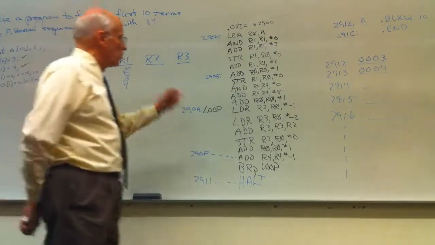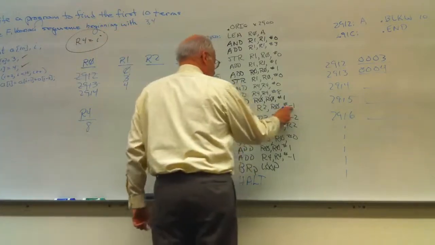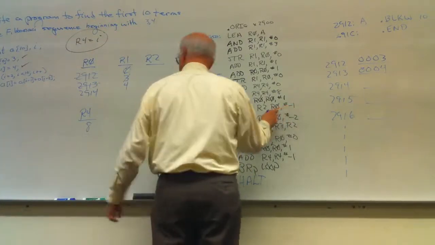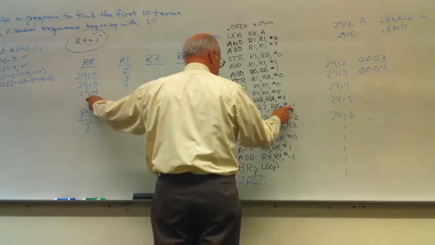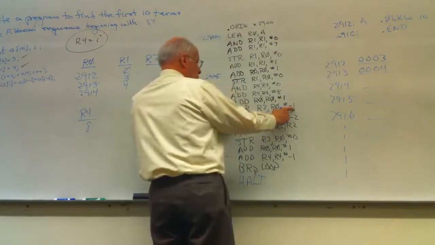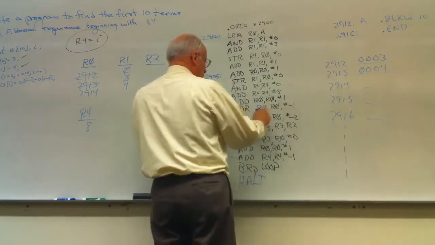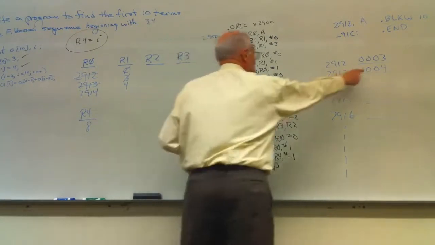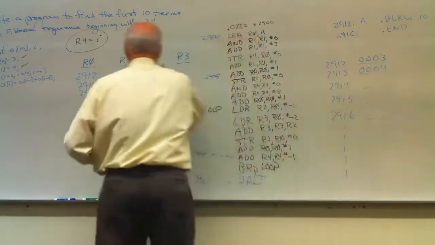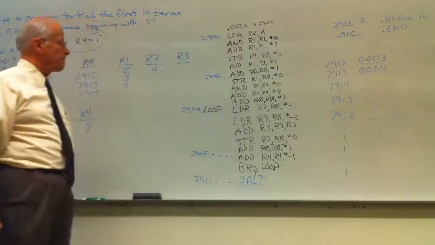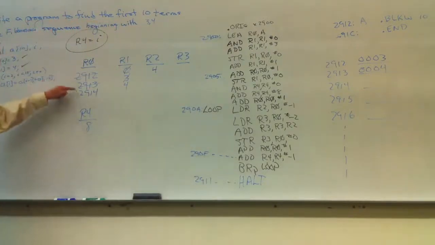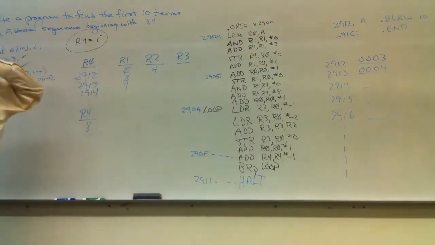As we begin our loop, it says add a -1 onto register 0, so that gives me 2913. Load from 2913 into register 2. Well, 2913 is a 4, so I get a 4 into register 2. But it does not change register 0.